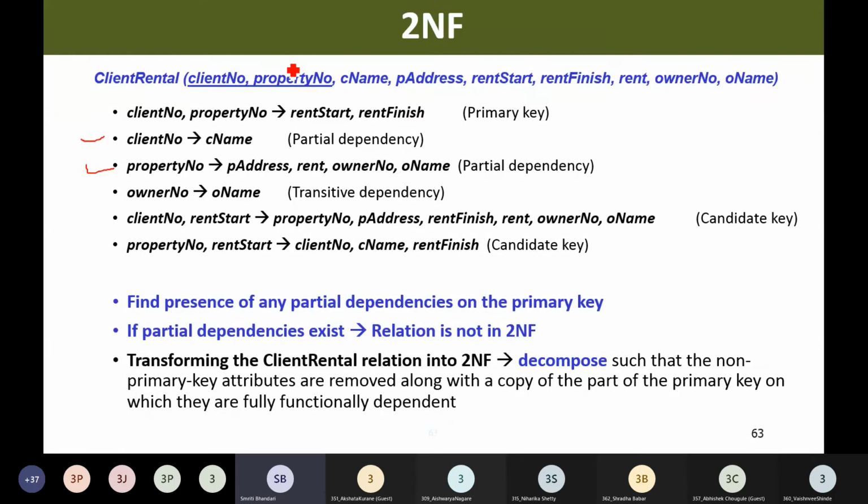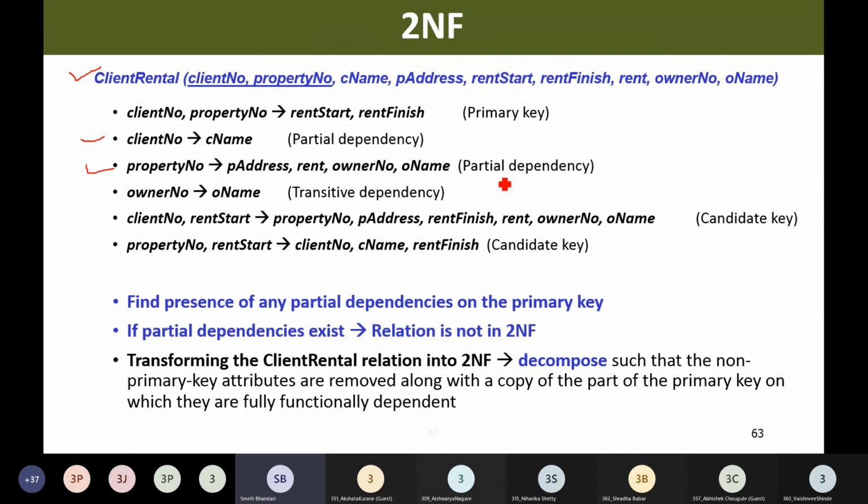So what we need to do is decompose this relation. What do we mean by decomposing the relation? Right now, we have a single relation. Decomposing a relation means that, by making use of these partial dependencies, we split our table into multiple tables, right?